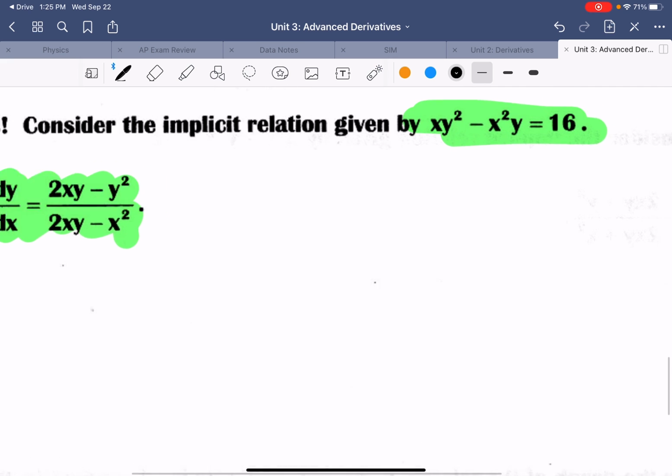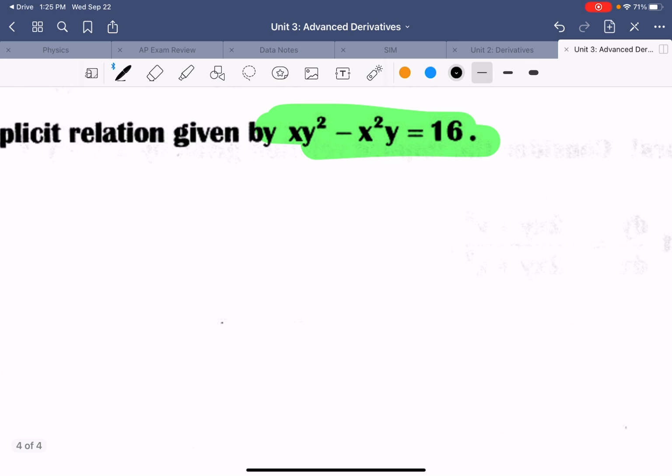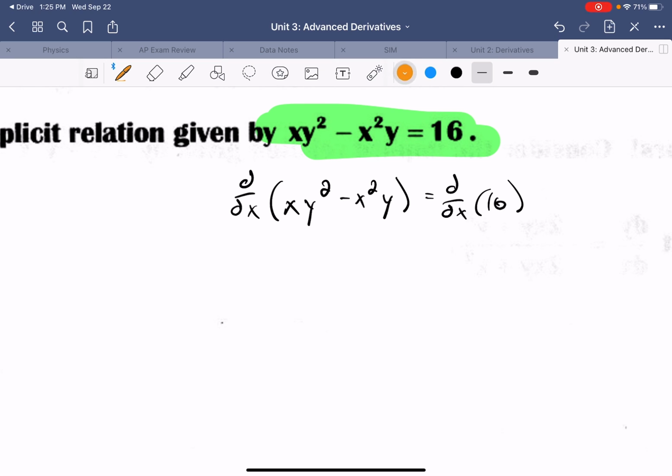So if we're trying to find dy dx of this guy here, I need to start off by taking the derivative of both sides. So derivative of the left, well, I see a product rule here, and I see another product rule here. So for the first product rule, I'm doing the derivative of xy squared.